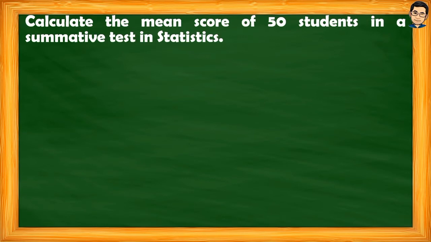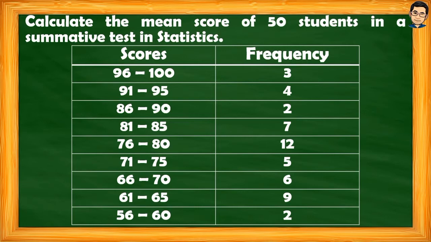Calculate the mean score of 50 students in a summative test in statistics. Apply natin yung formula through a given problem. Ayan po yung scores and then frequency. As you can see, yung lowest possible score na pwedeng makuha ng bata is 56, and then yung highest score is yung perfect score, 100.